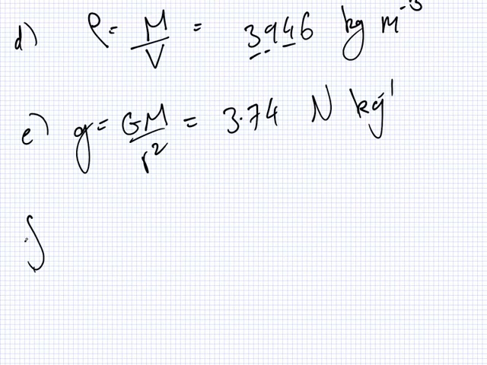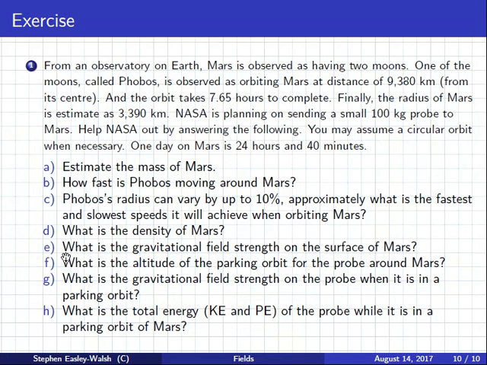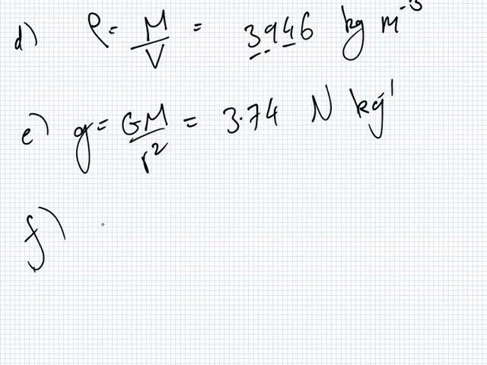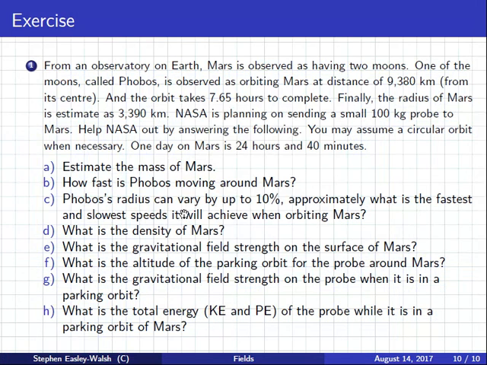F. What is the altitude of the parking orbit? Or the probe? Now, what is a day on Mars? A day is 24 hours and 40 minutes. Parking orbit. It's 24 hours. No, 24 hours and 40 minutes to the parking orbit.